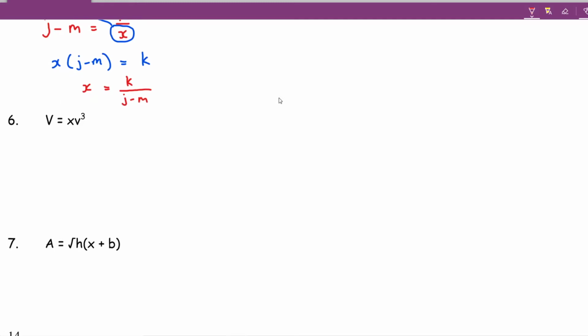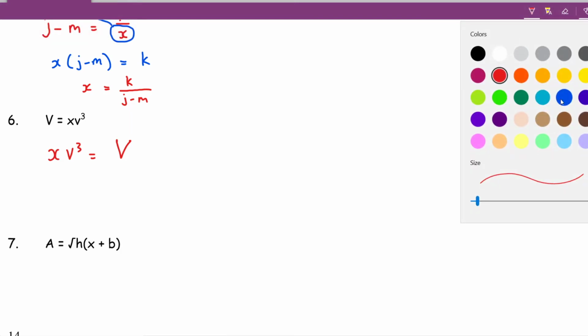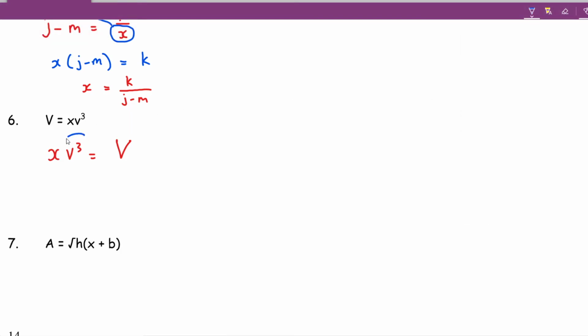Okay, question 6. The easiest way to do this, let's rewrite this first of all. So we've got x v cubed is equal to capital V, big V. What we could do here is divide by the small v cubed, bring all this down to the other side.